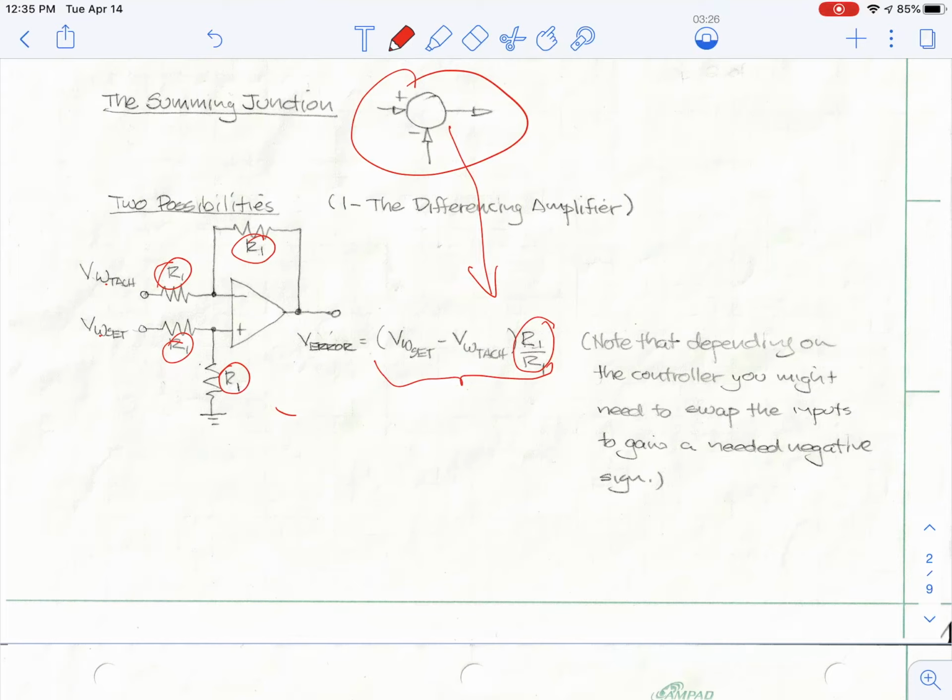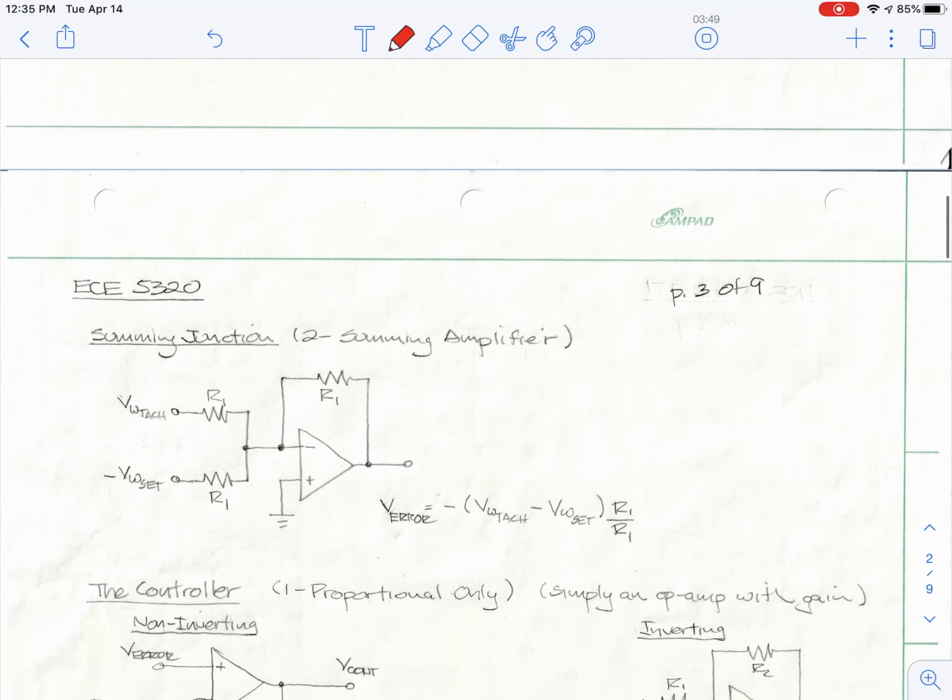Sometimes when you're building systems with op amps, you've got inverting and non-inverting configurations, and you won't have the right number of signs, so sometimes you may have to swap these and actually subtract the one that you think should be positive from the other, but that's just counting signs as you're going through your system. So sometimes you need a negative sign, and you can do that.